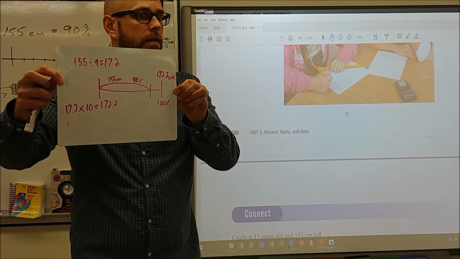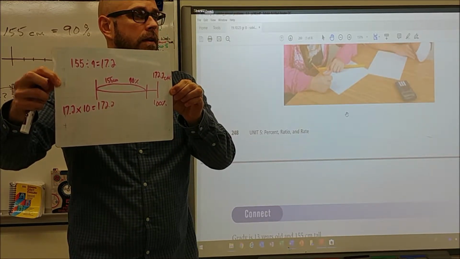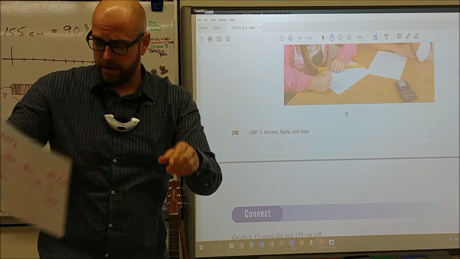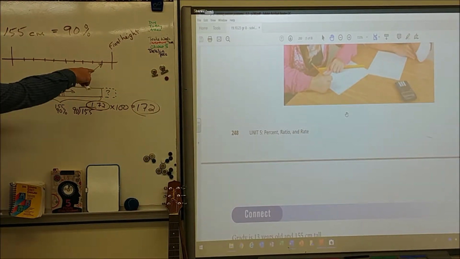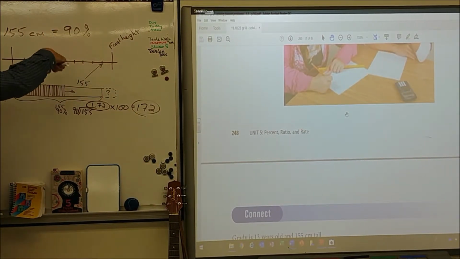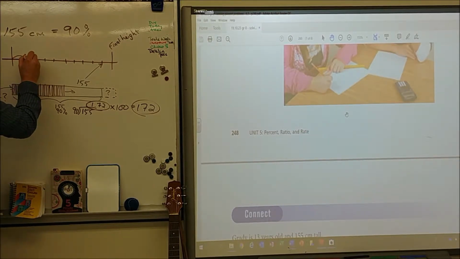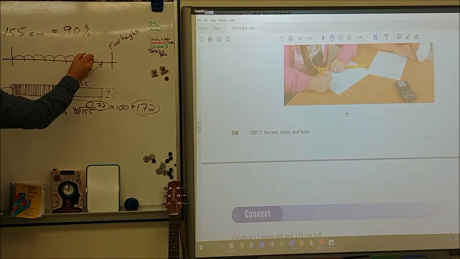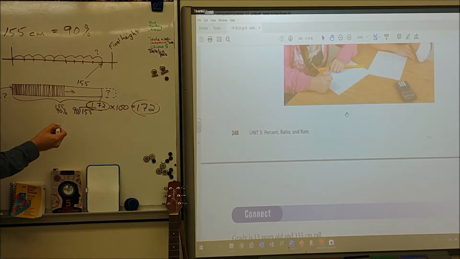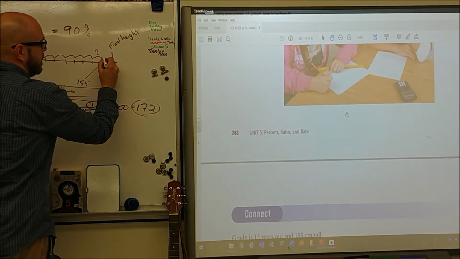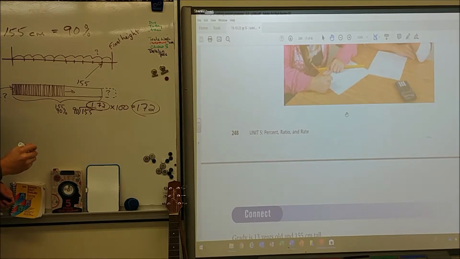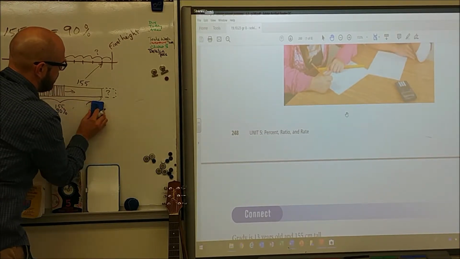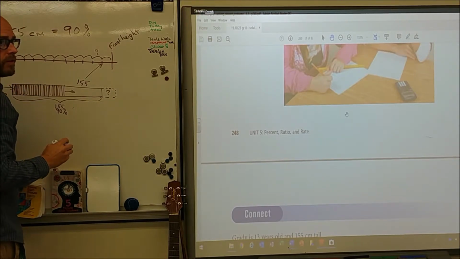Here we go. If you look at my number line, that's 155 busted into 9 pieces. I just have to figure out what each of these 9 pieces is, and then add that jump. So they did the same thing, just a little bit differently. They just found out what 10% was.